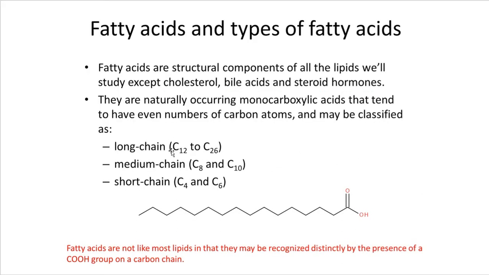Fatty acid could be long chain from 12 to 26 atoms of carbon, medium chain from 8 to 10, and short chain when the number of carbon is no more than 6 and as much as 4.